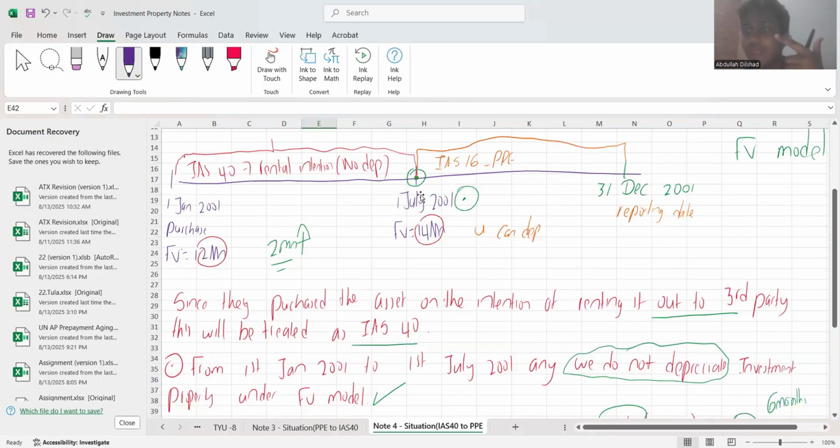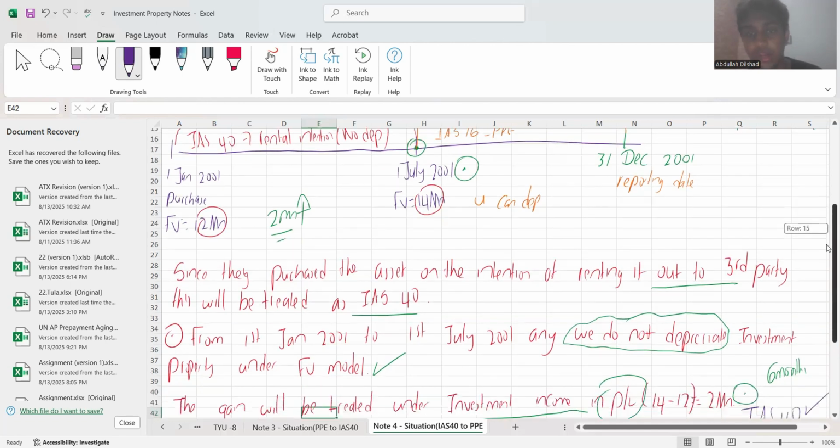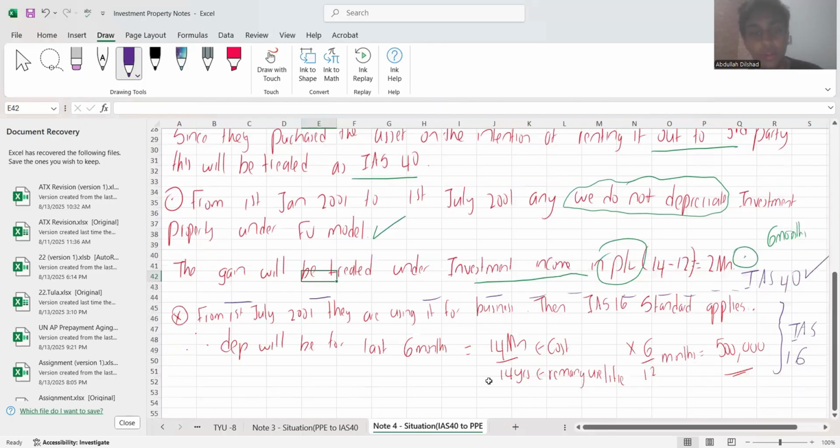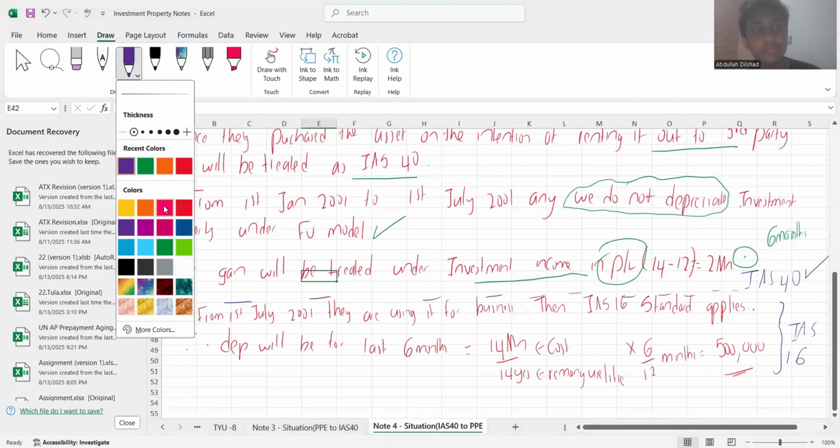We can calculate carrying value, and if there's any revaluation gain or loss, that will be taken to other comprehensive income, right? Not other income, because other income is only used when there's a revaluation gain or loss under IAS 40, right?